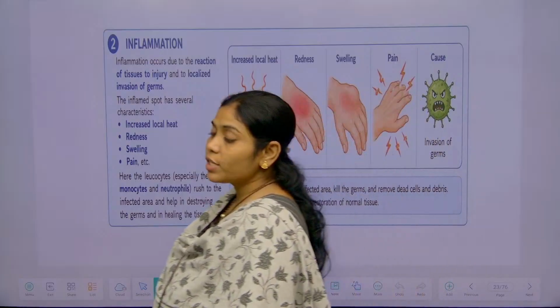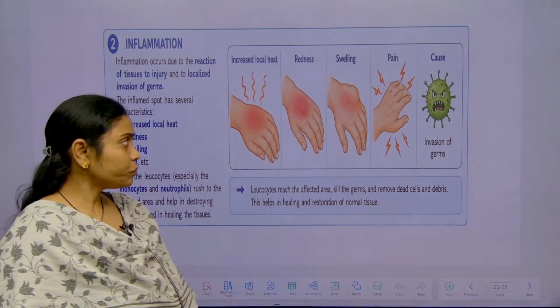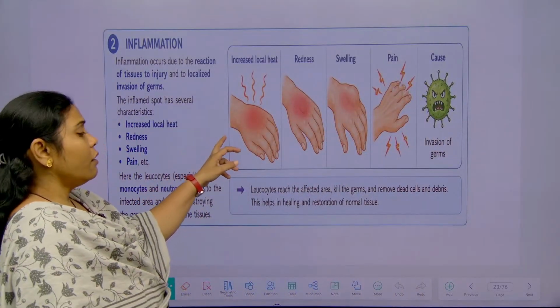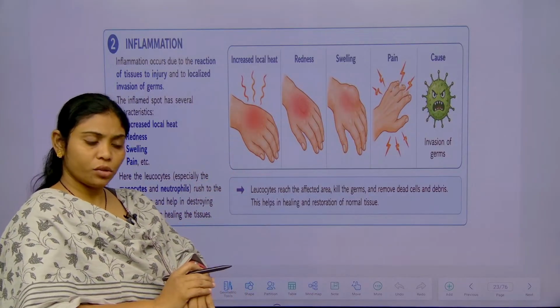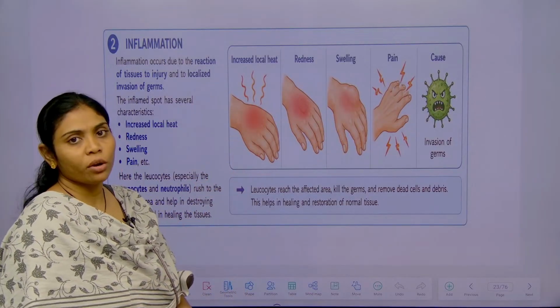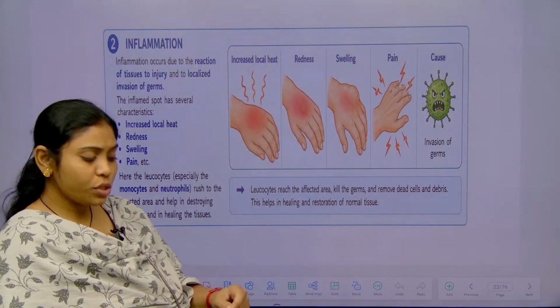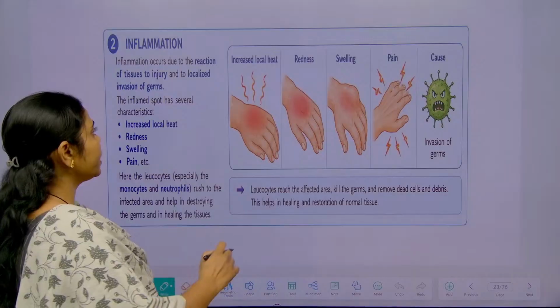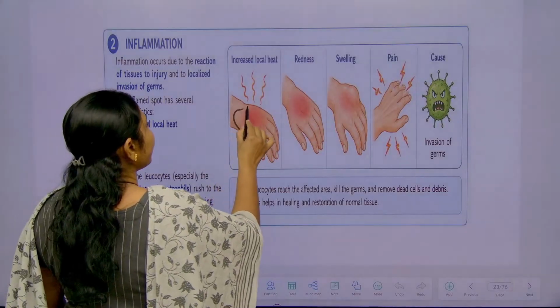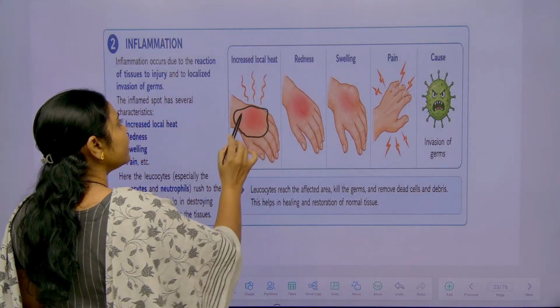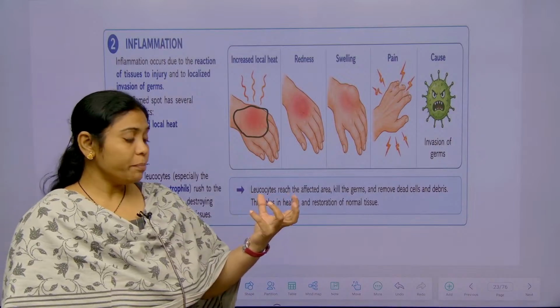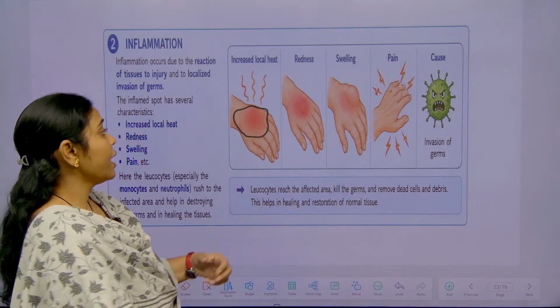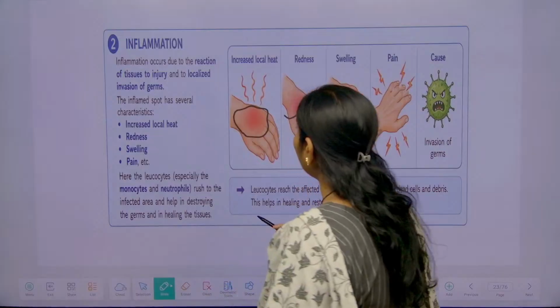Yes, as we all discussed, what is inflammation? Whenever you get hurt, or you might have fallen down, after a few seconds you feel that area will be swollen, right? And the particular area where you got hurt becomes a little hot, and you can also identify redness.